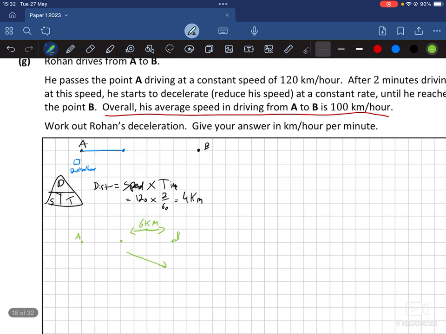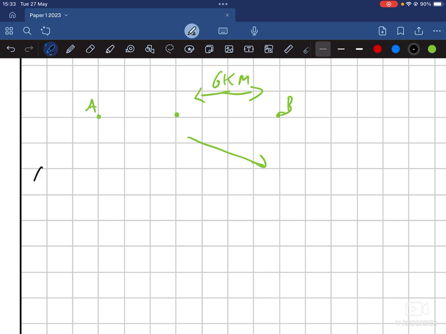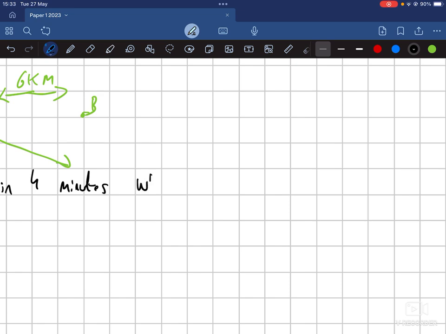So that actually means that he travels the 6 kilometers in 4 minutes. So 6 kilometers traveled in 4 minutes while decelerating.